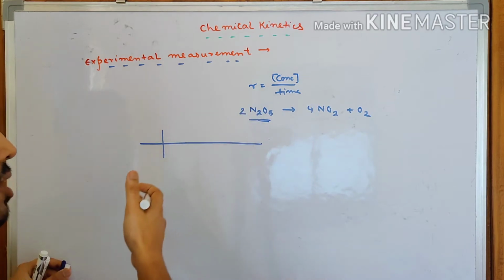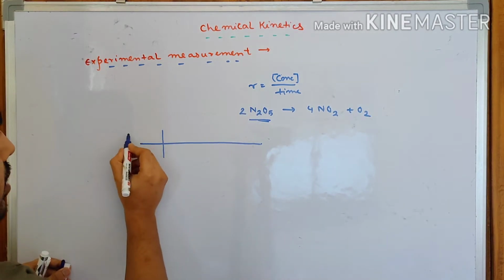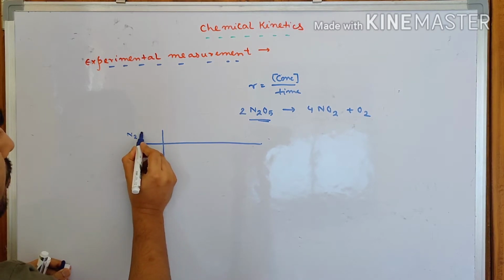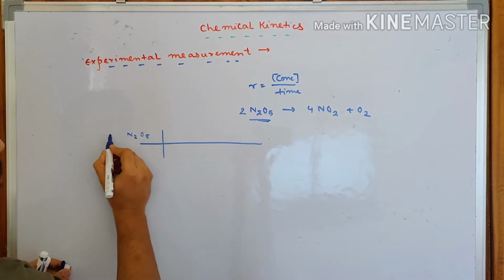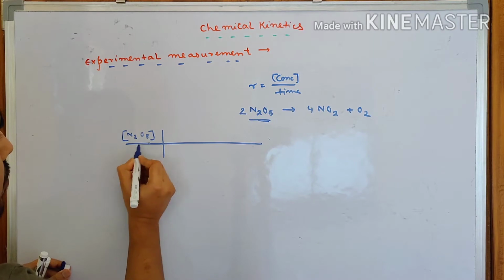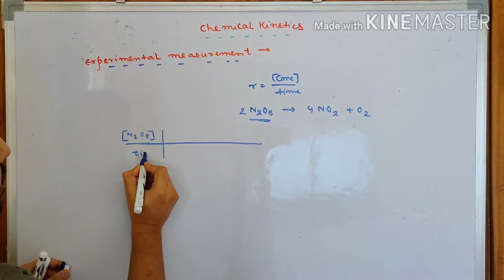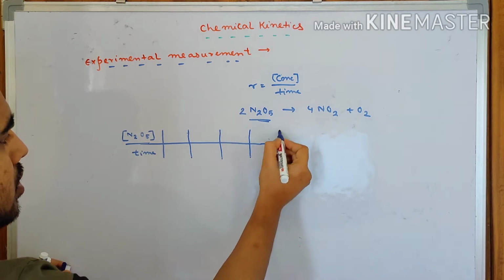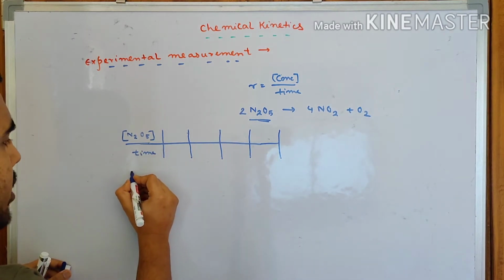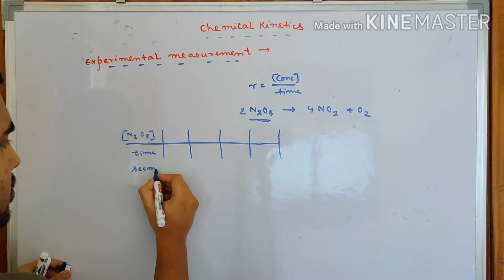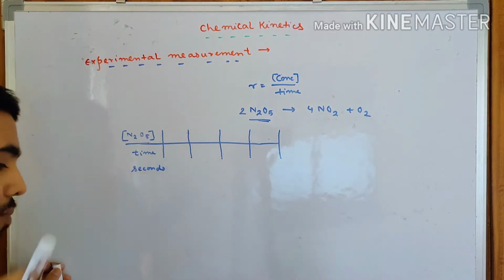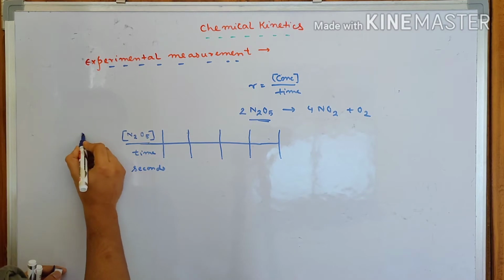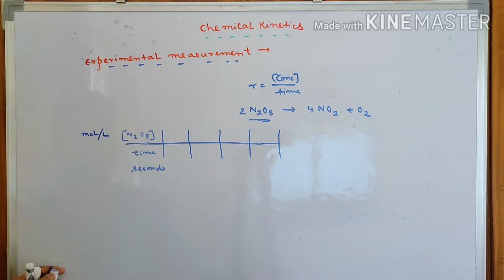First of all, there will be some experimental values: concentration of N2O5 versus time. Time will be measured in seconds, and for N2O5 it will be moles per liter.